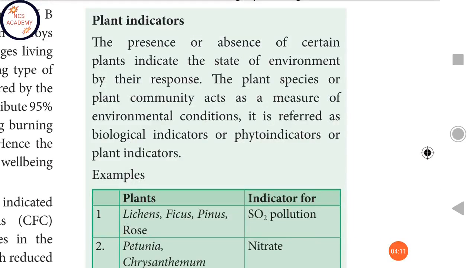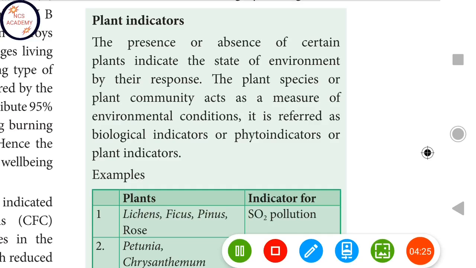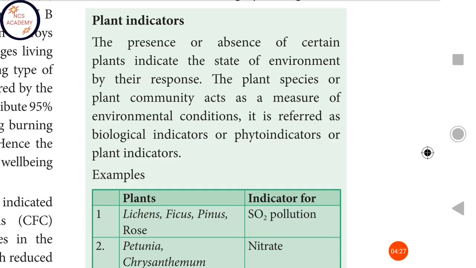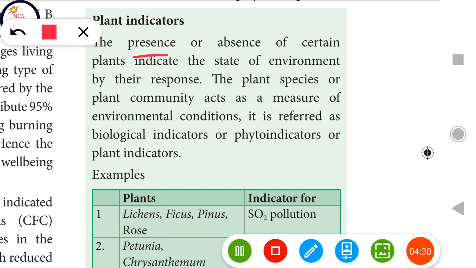What do you mean by plant indicators? Give some examples. The presence or absence of certain plants indicates the state of the environment by their response.